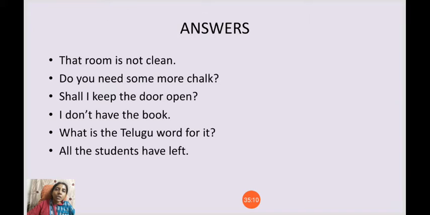I don't have the book. What is the Telugu word for it? All the students have left. So these are the answers for the match the following. If there are errors, please rectify them.